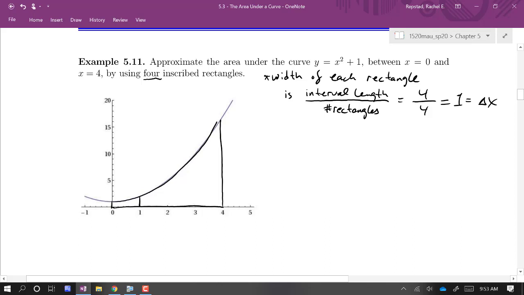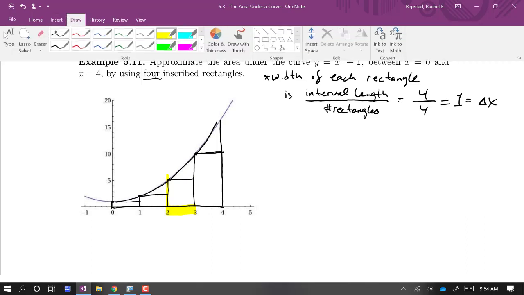So I'm just going to mark out these widths of 1. Now they are inscribed rectangles, so here are the heights I'm using. And note that our function f of x, or y, is increasing as x goes from left to right. And so if I'm going to end up with inscribed rectangles, I have to use the left endpoint of each interval. Like if I look at the interval from 2 to 3, I have to use the 2, that left endpoint, to define the height if I'm going to have a rectangle that fits underneath the curve.